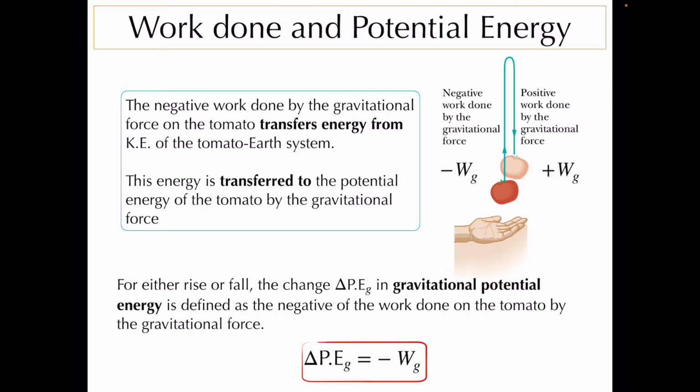So in both cases, whether rising or falling, the change in potential energy and the sign of work done are opposite in nature. That is why the change in potential energy can be considered as the negative of the work done by the gravitational force on the tomato.